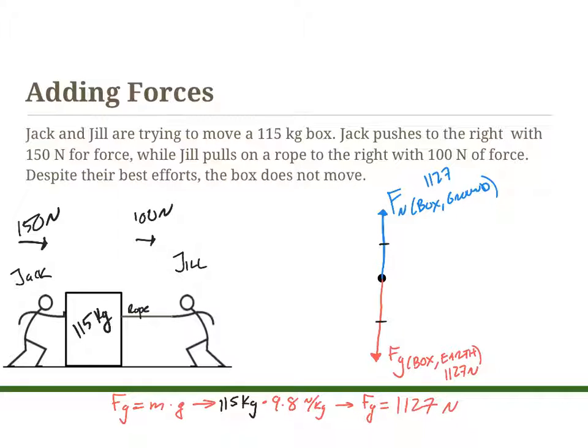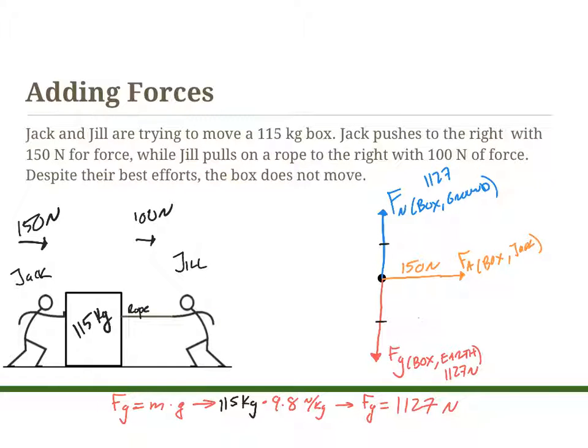All right? Now, in this instance, I have Jack. Jack is pushing on the box with 150 newtons of force. So in this case, it's the applied force on the box by Jack.